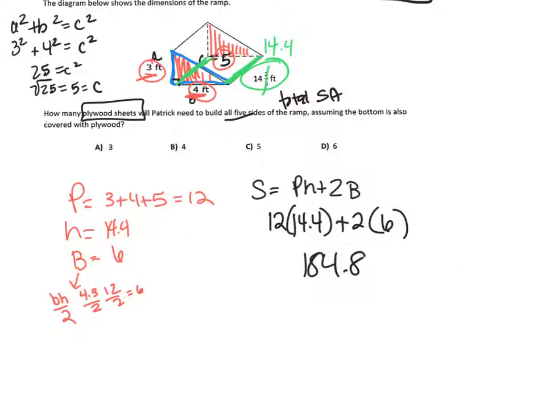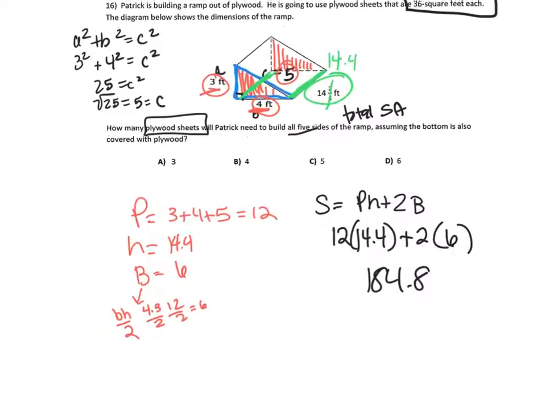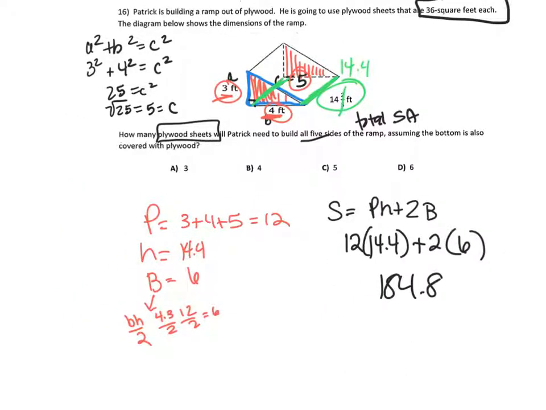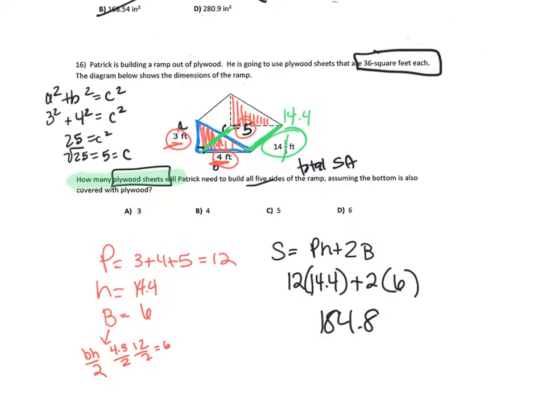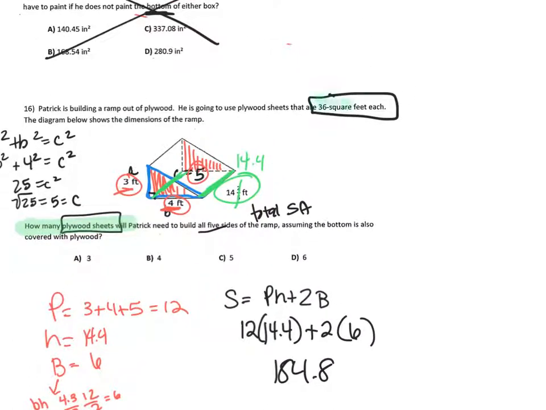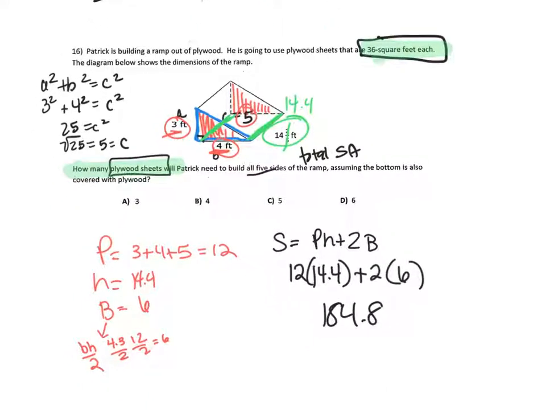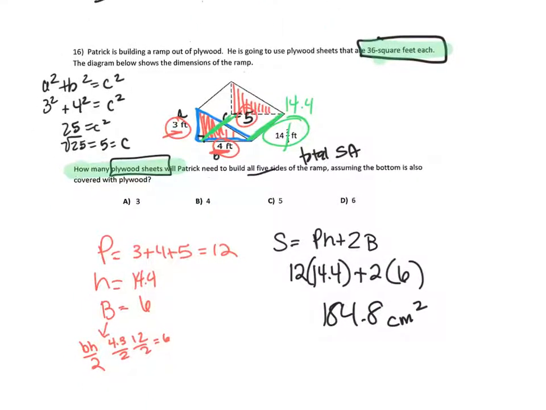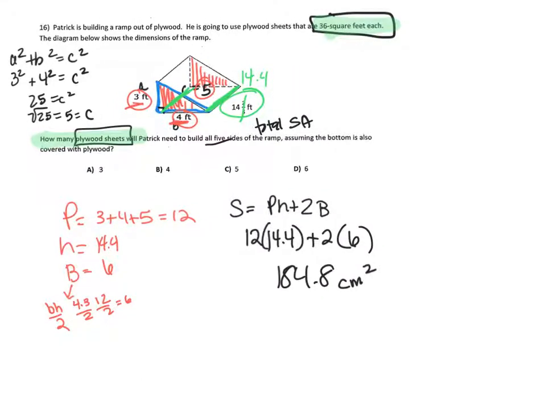Why is that not an answer choice? Go back up and look at your question. How many plywood sheets? Okay, we're looking for how many sheets we need. How big were those sheets? Oh, 36 square feet each. Okay, so the total surface area is 184.8 square feet. Each sheet is 36 square feet.